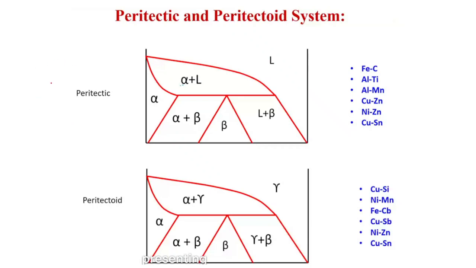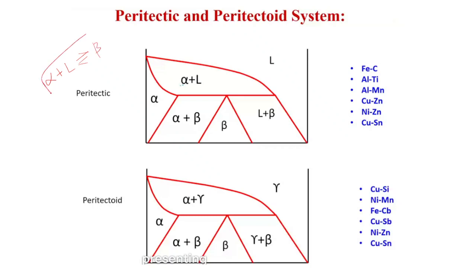In the peritectic reaction, we have alpha plus liquid that turns into one solid.